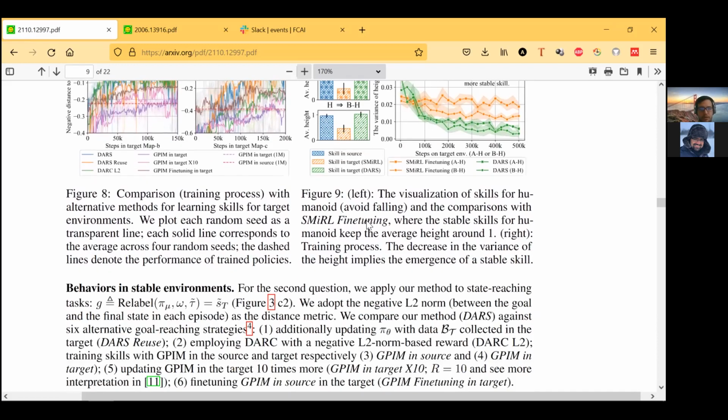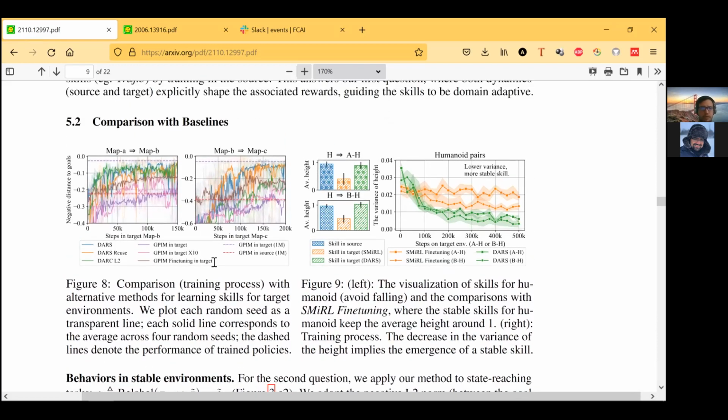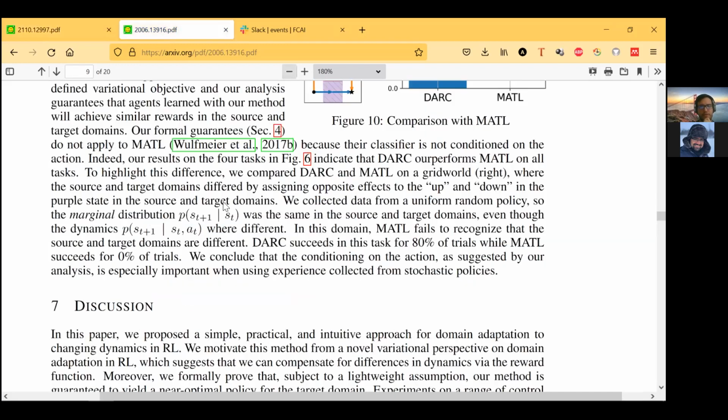Yeah, and so on. So I guess it covers pretty much everything. So they mainly compare to their prior work, which was about learning different skills, but didn't have this notion of domain adaptation between source and target. And then they also compared to DARC, which is actually a very similar work.